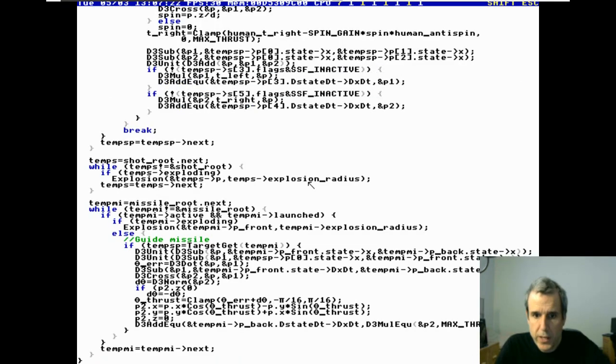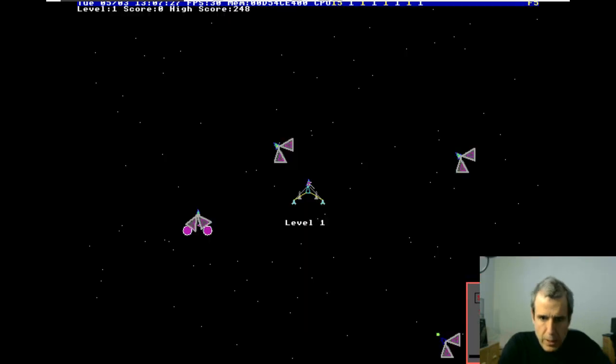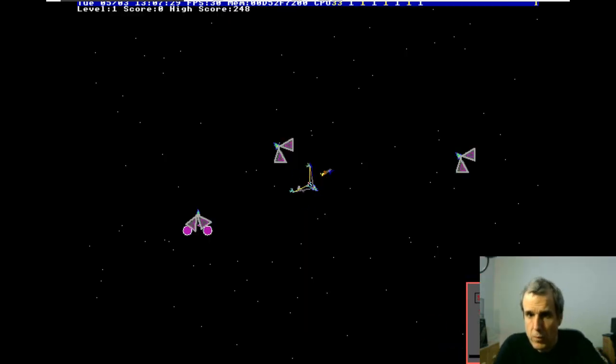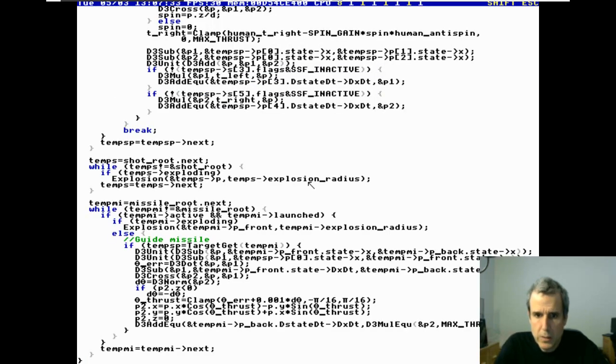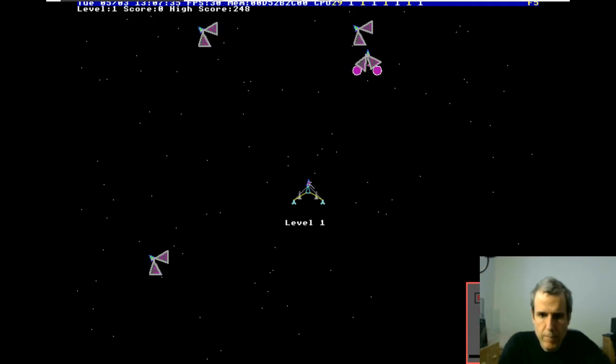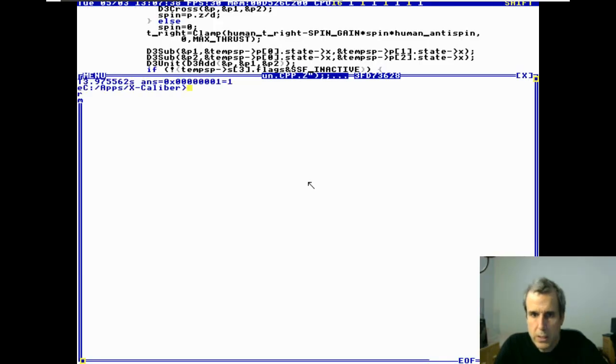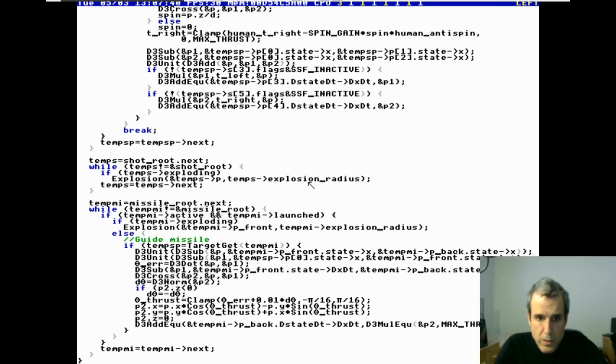They're going straight. 0.001. Direction's wrong.